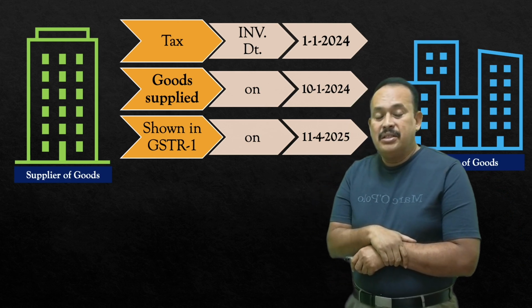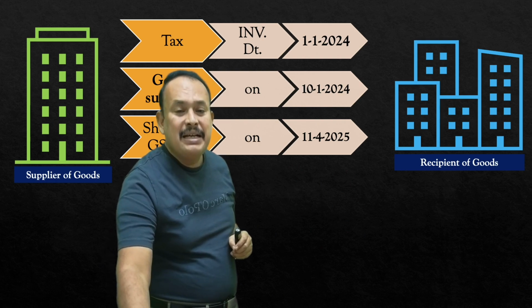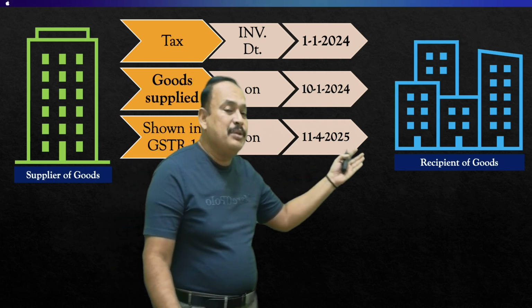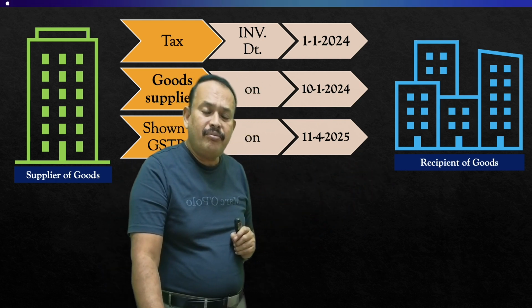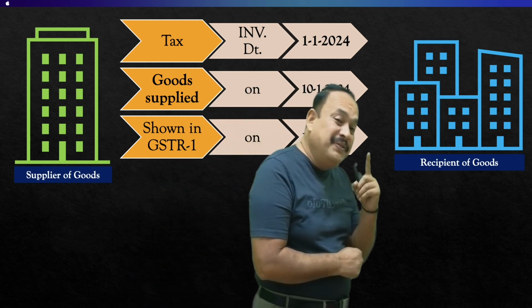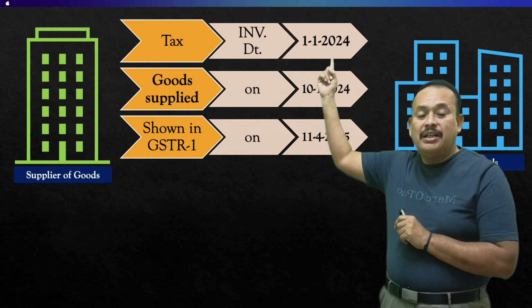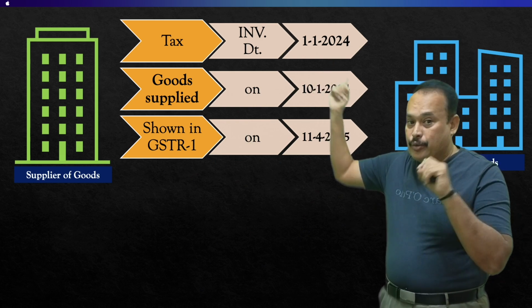That means the recipient of the goods wants to avail the ITC of that invoice pertaining to the financial year 2023-24.